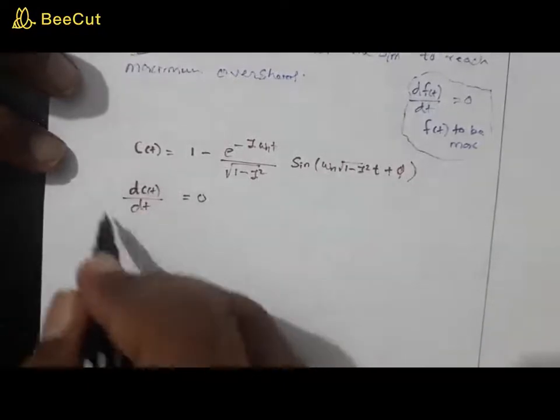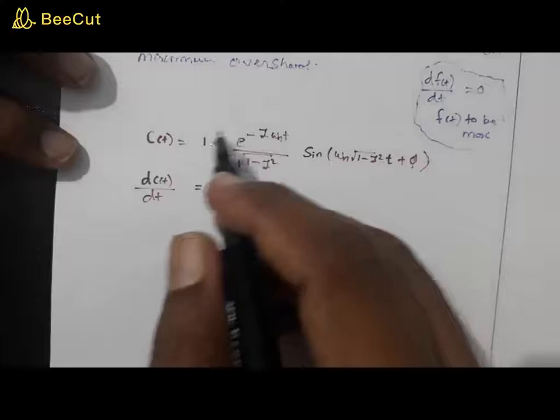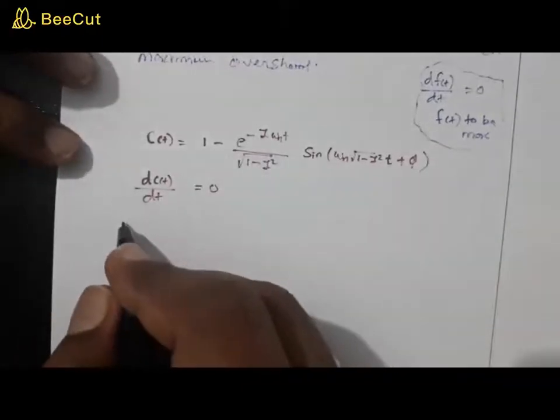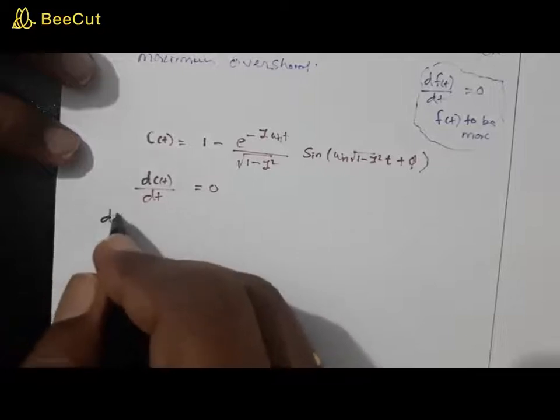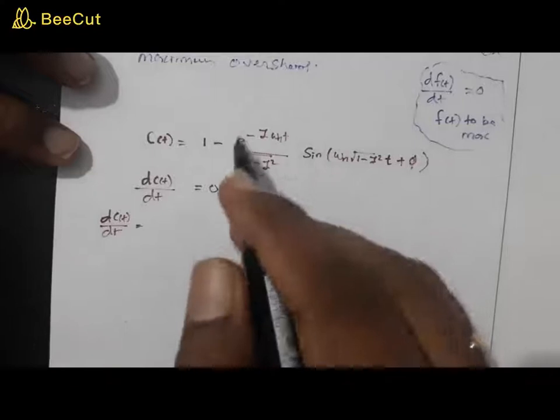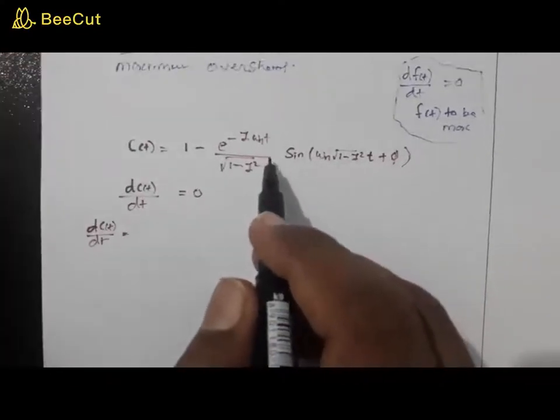Now, when you differentiate this, so what I'm going to find out is dc(t)/dt. These are two time domain functions, so you can apply the product rule.